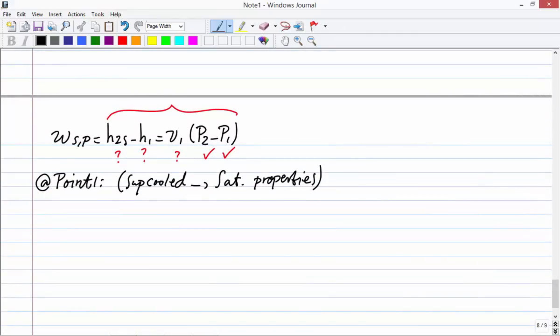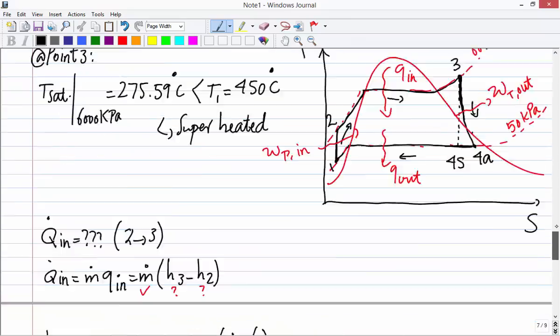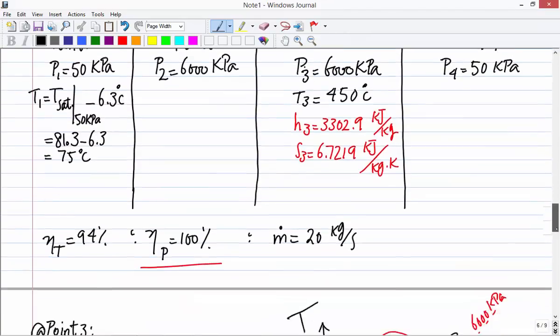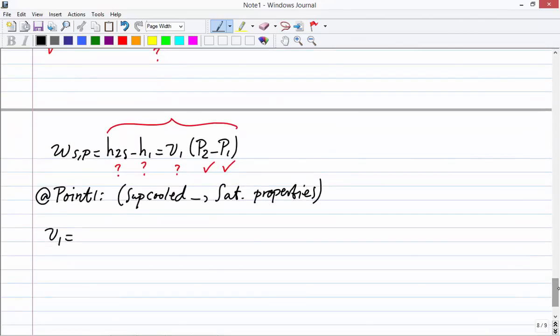So I'm looking for V1. Point 1 is subcooled at what temperature? T1 is 75, so it's Vf, saturated liquid at 75 degrees C. If you go to table A4, you can find this number.